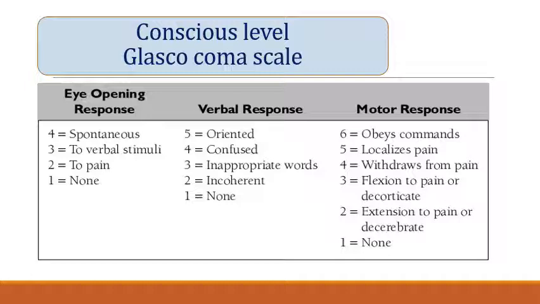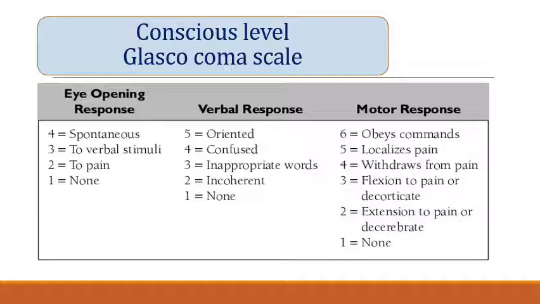It has 3 items. The first item is eye-opening response. The second one is verbal response, while the third one is the motor response. Regarding eye-opening response, it has 4 items. If the patient has spontaneous eye-opening, he will score 4.